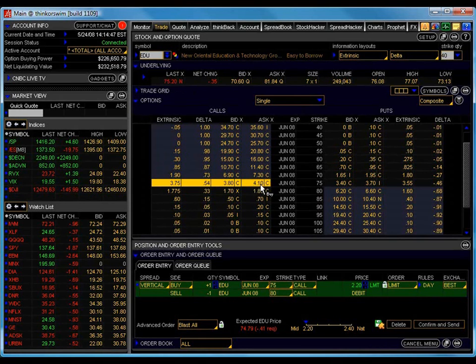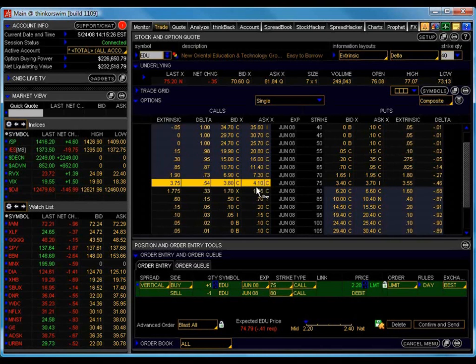Right? Because what we're saying is, okay, if a single contract, this is a very, very important concept to understand. If a single contract gives you the right, now this is a call we're talking about. A single call contract gives you the right to purchase 100 shares of stock at the strike price of $75, or in other words, you have the right to buy 100 shares of stock at $75.